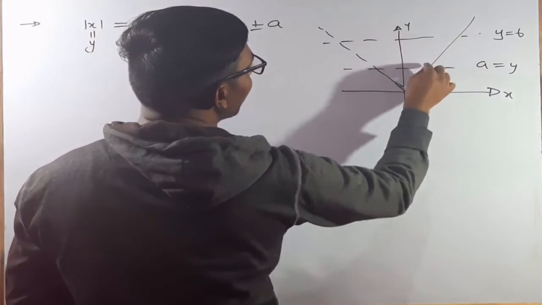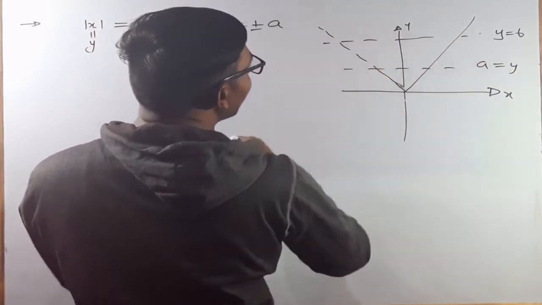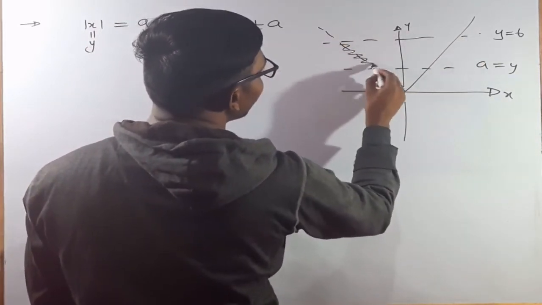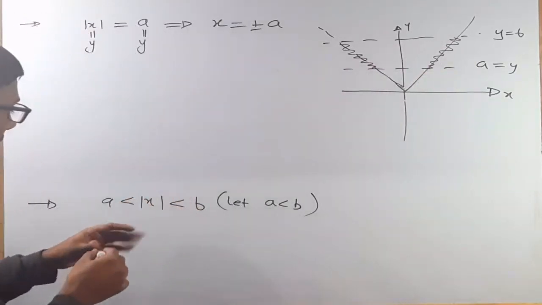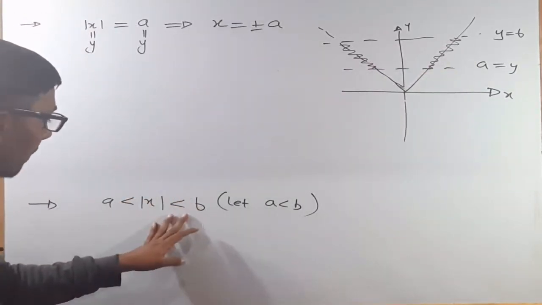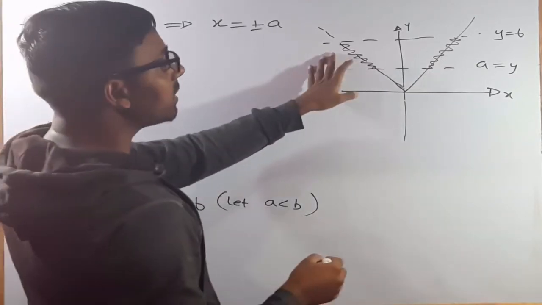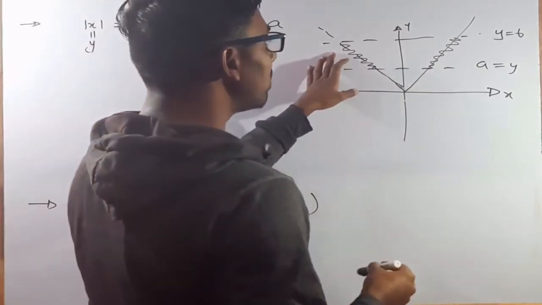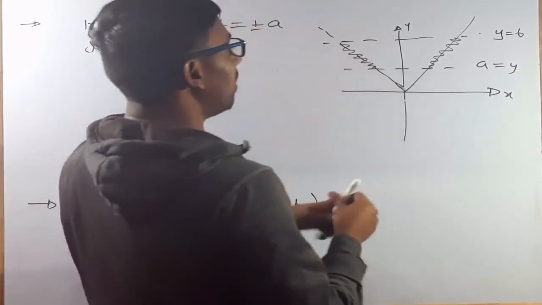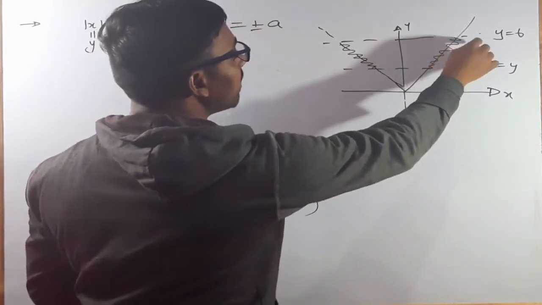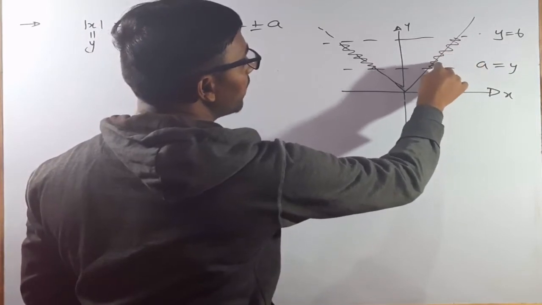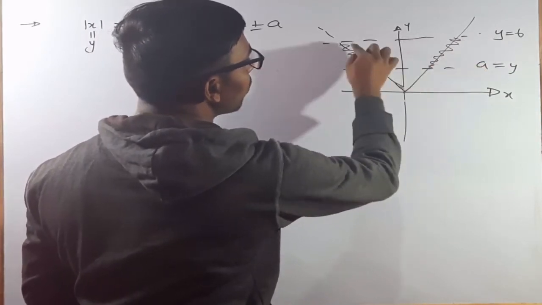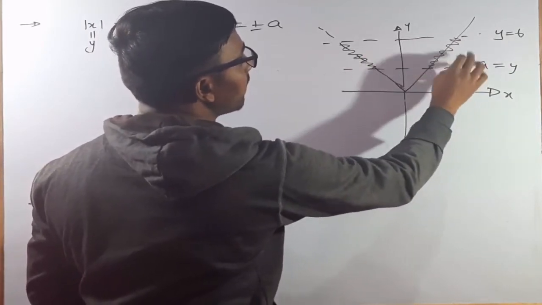This is the graph of the modulus function. Only this portion of the graph satisfies this condition. Why? I am saying modulus of x is less than b and greater than a. How can we see the same property in this graph? This is the y equals b line, this is the modulus function, and this is the y equals a line.